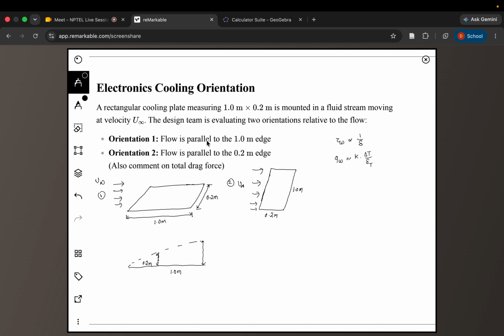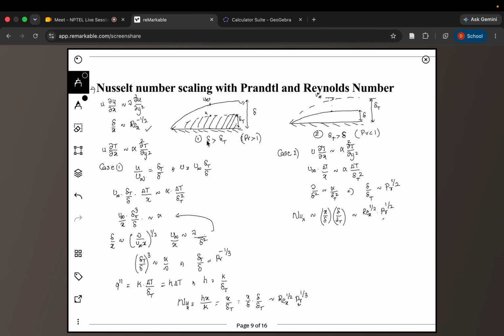And again, there is one common mistake that I have seen last year, where people use the concept of Nusselt number directly. They say that because both are the same fluid, the Prandtl number is constant, so Nusselt number will scale as Reynolds number to the power half, which is what we discussed in the previous slide, irrespective of whether Pr is greater than or less than 1, it will scale as Re_x to the power half.